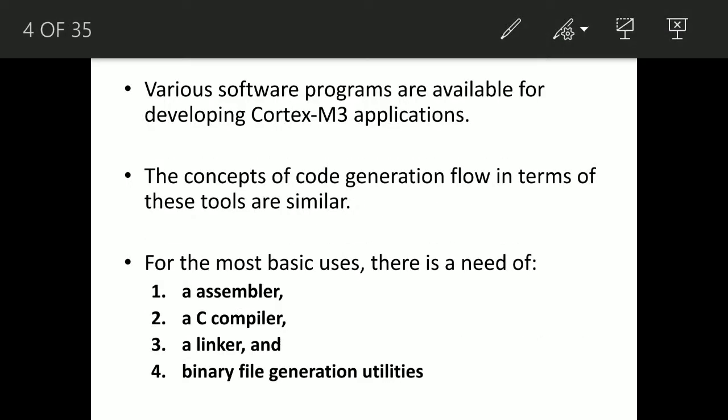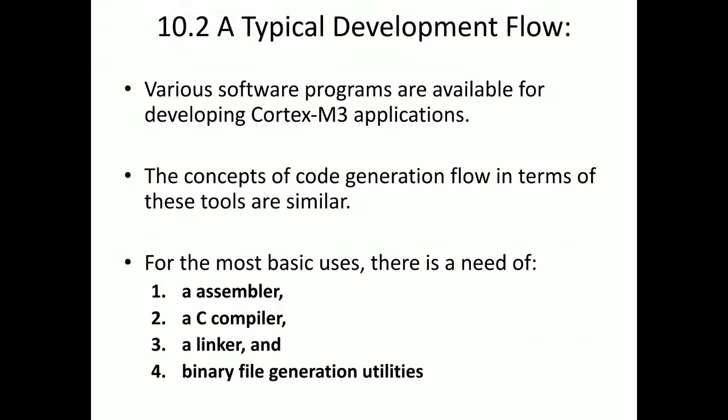There are many different tools for developing applications based on Cortex M3, but all the tools should have an assembler, a compiler, a linker, and a few important software tools to generate the binary file. The binary file is the last file, which we use for our application.